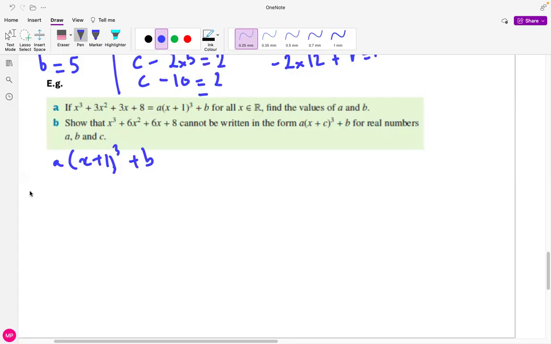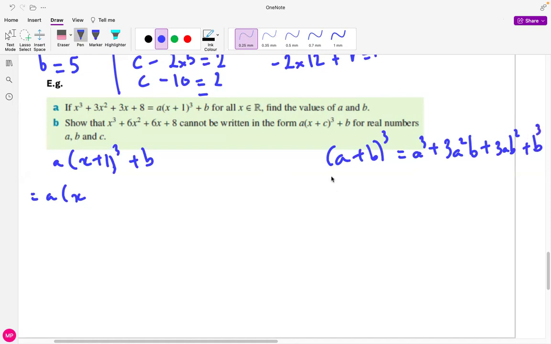Okay, now I expand this out. So a times (x plus 1) cubed. If you remember the formula, or you can just expand manually, (a plus b) cubed equals a cubed plus 3a squared b plus 3ab squared plus b cubed. So for (x plus 1) cubed, I just use the formula. I have x cubed plus 3x squared times 1 plus 3 times 1 squared times x plus 1 cubed.